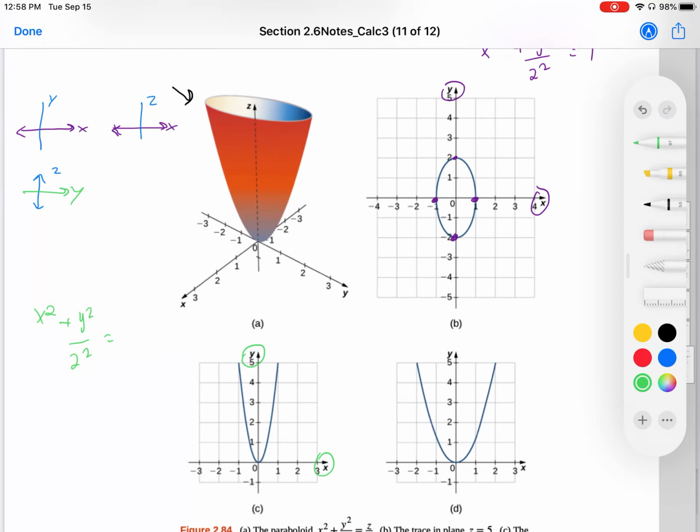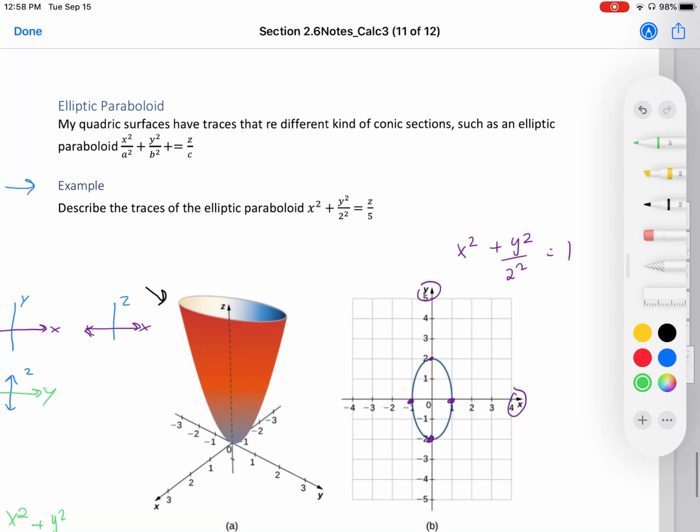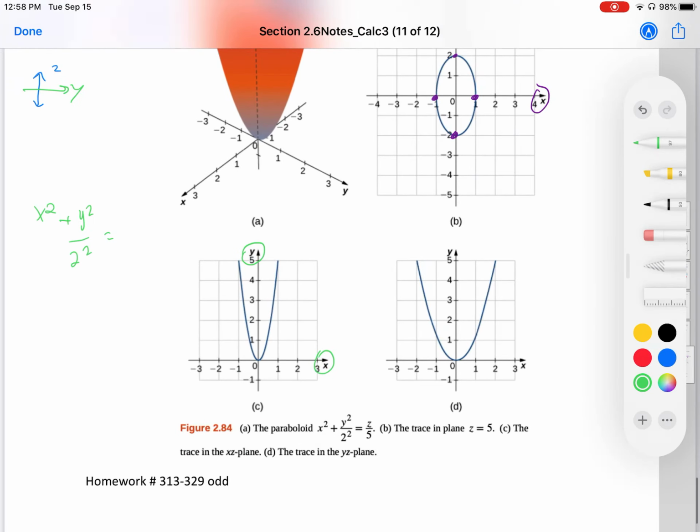Oh no, I think this is wrong because we already did x and y. These axes are wrong. Give me a moment. We have x squared is equal to z over 5. So we have x and this should be z.